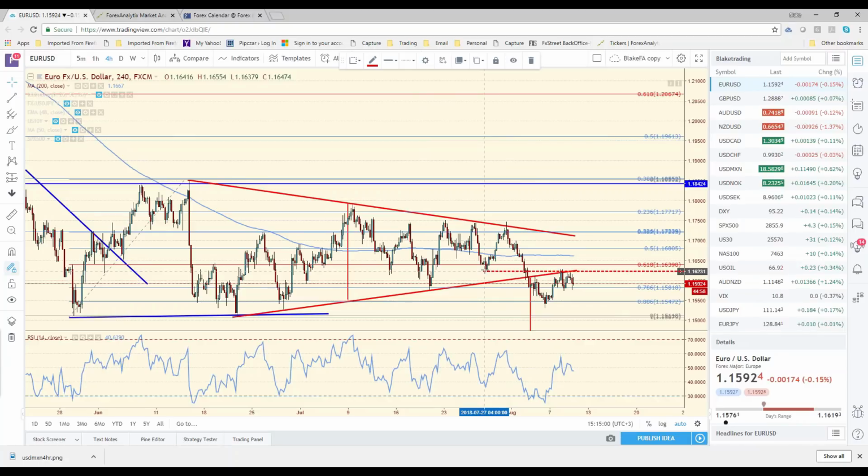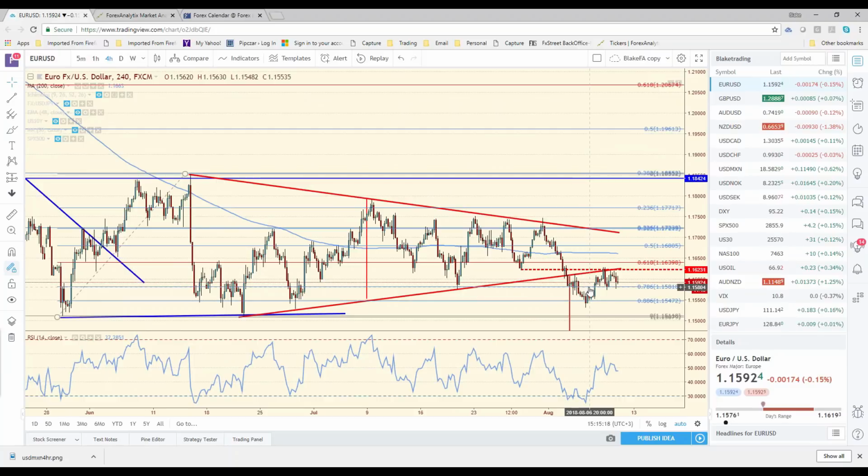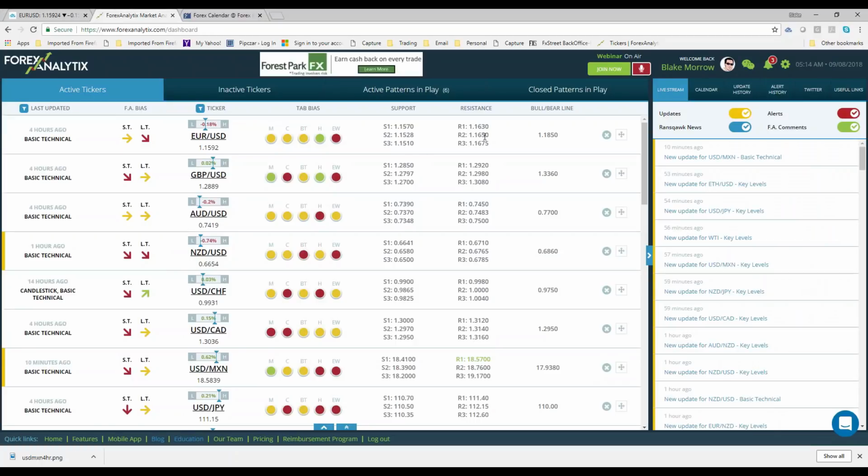You said, I'll quote you, 116.20 is going to be resistance on any rally. And we went to 116.28, but it's just the underside of this triangle. You should be looking at the euro saying, okay, while it's below 116.30, which, by the way, if you use ForexAnalytix, you know it's right here, you stay on the short side or you don't do anything with the euro.